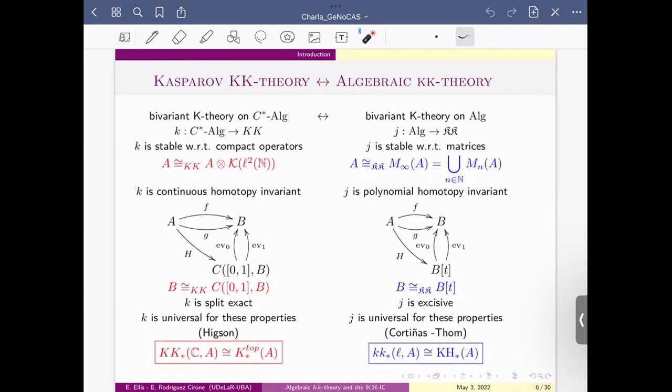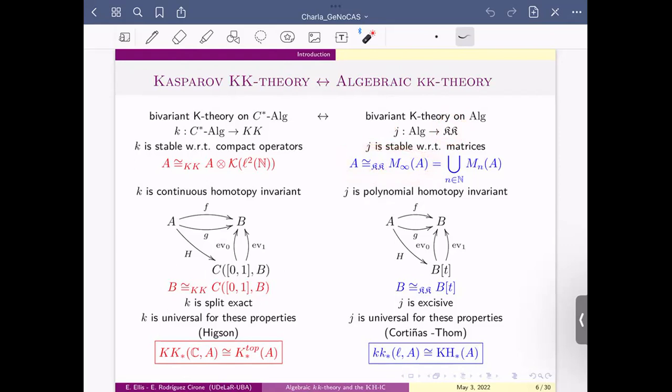On the algebraic side, we have a bivariant K theory on the category of algebras. We have a functor from the category of algebras to a new category called KK also, whose objects are the algebras and the morphisms are the KK groups. And this functor is stable with respect to matrices. That means that we identify these two algebras in this category.